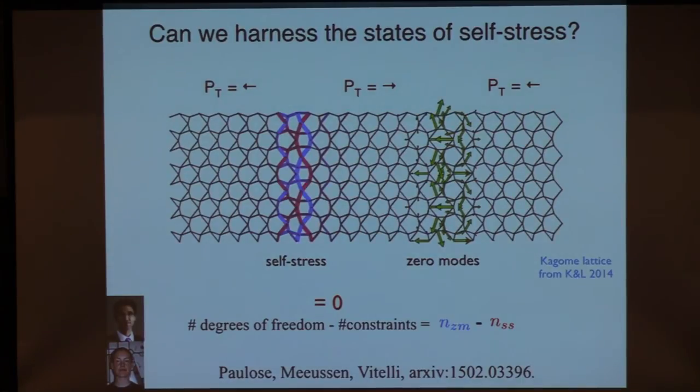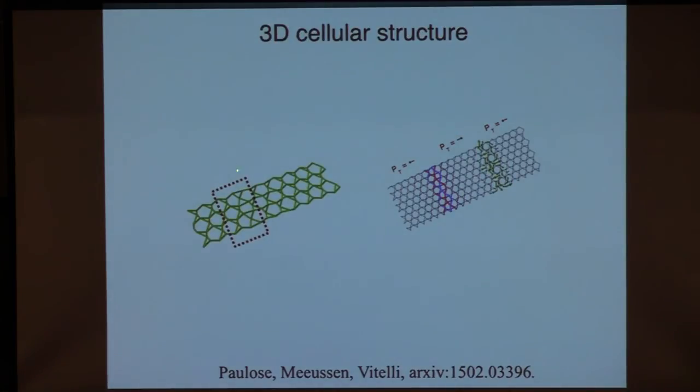Okay? So here is the idea that we have. We take this peculiar lattice, which has all this state of self-stress, that you should think of in the same way as the zero mode is a propensity for motion. The state of self-stress is a propensity to store tension that cannot be relaxed by displacements. Okay, it's like a bomb that you're setting to explode.